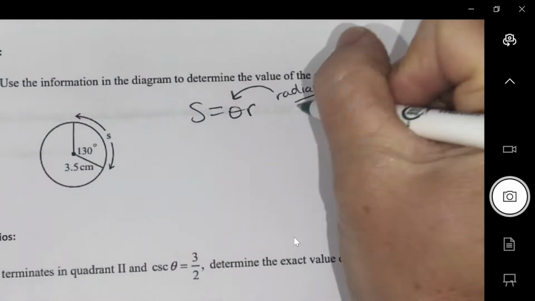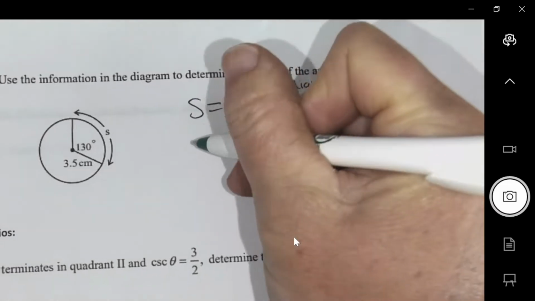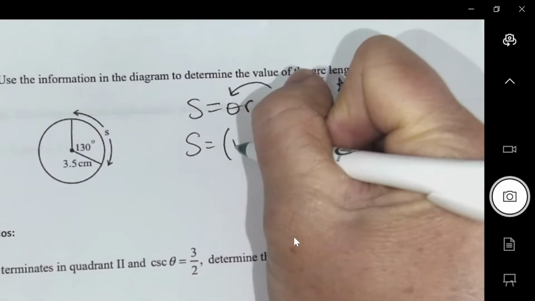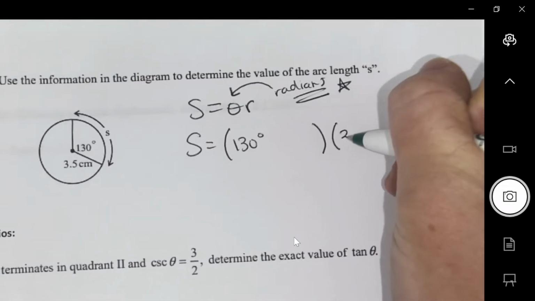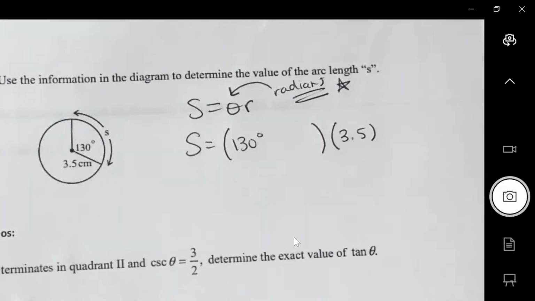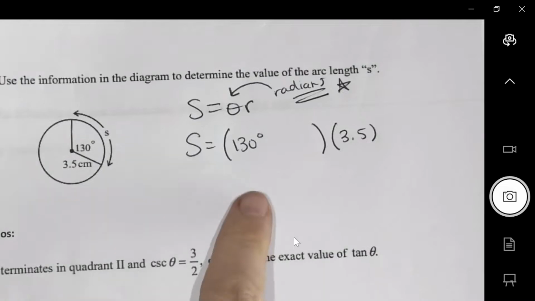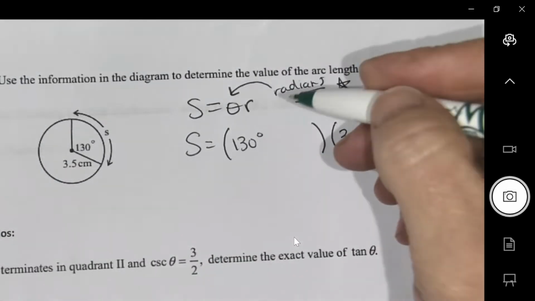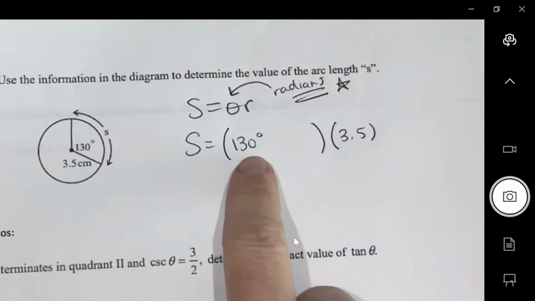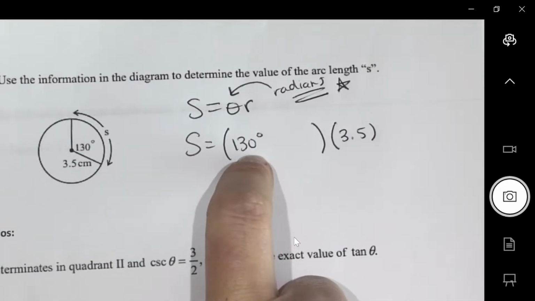Has to be in radians. So the angle times the radius. How do I go from degrees and change it to radians? Does anybody remember what to do?